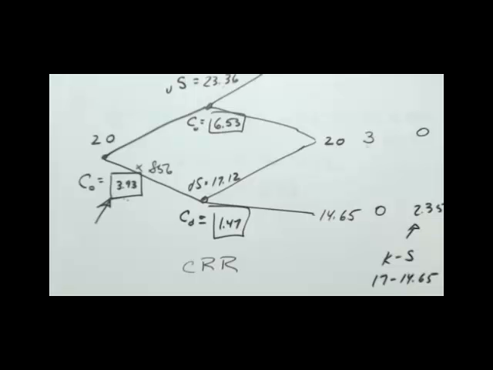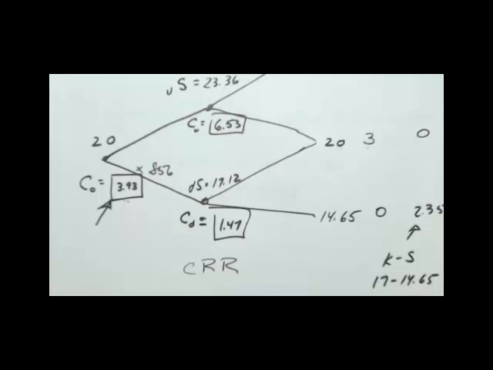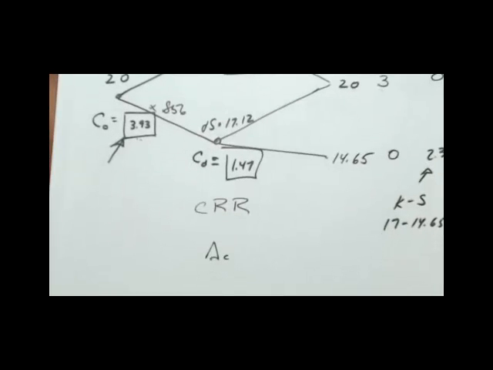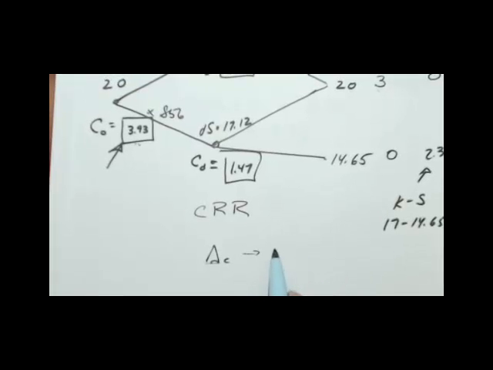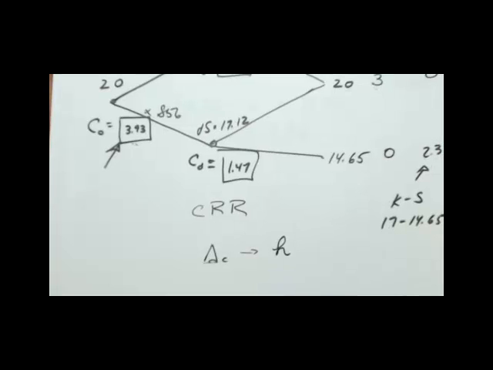And by the way, you know this delta C that we've been working with here? That's really little h that we were using back in futures and forward contracts. It was a hedge ratio.